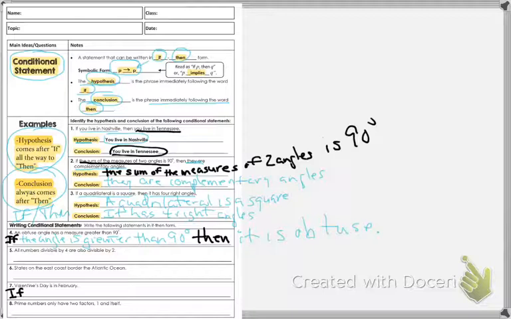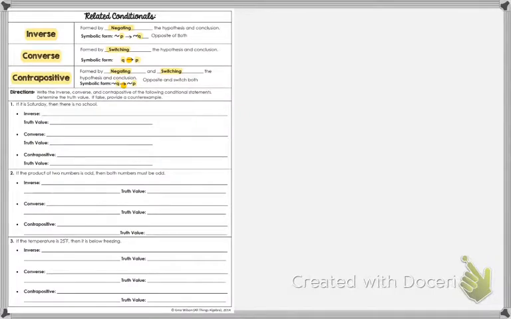If it is Valentine's Day, then it is February. Simple enough. Okay, so this is where it gets fun.